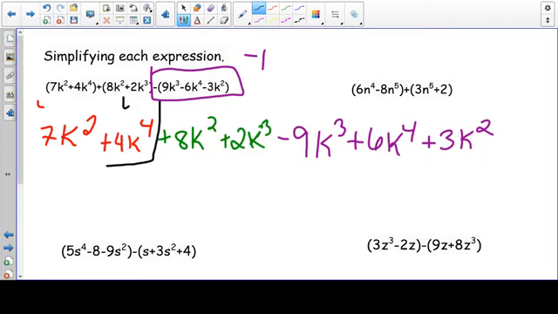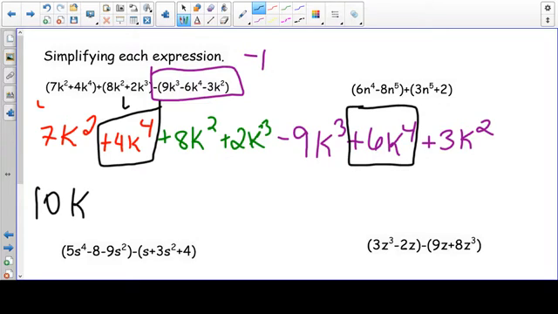I have one here, and one over here with my 6k to the fourth. So I have positive 4 and positive 6, and I'm going to add those together. So 4 plus 6 is 10k to the fourth. Remember, I'm adding, so I shouldn't be changing any of the exponent numbers. They should all stay the same.